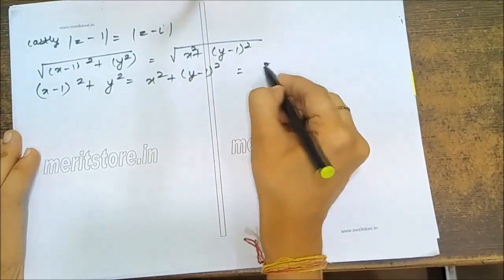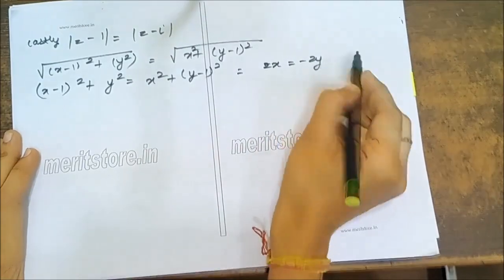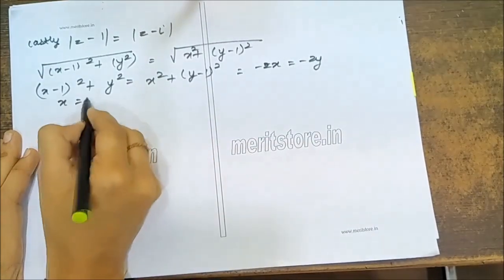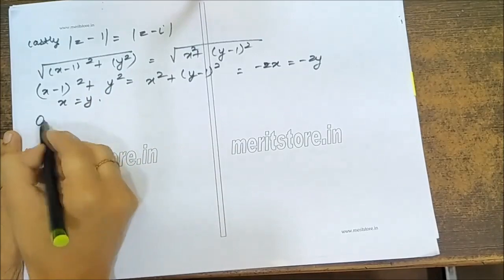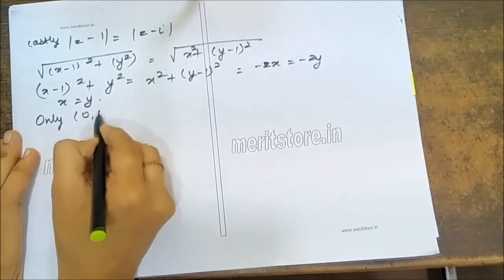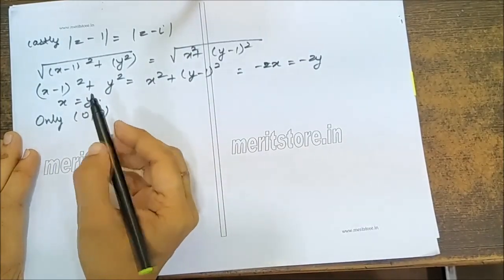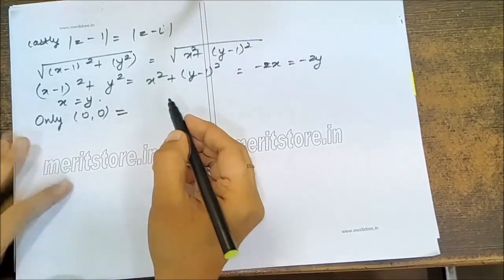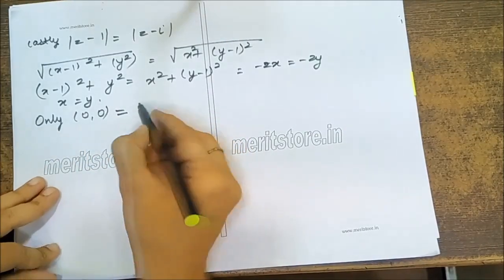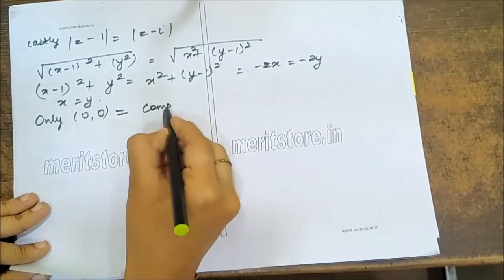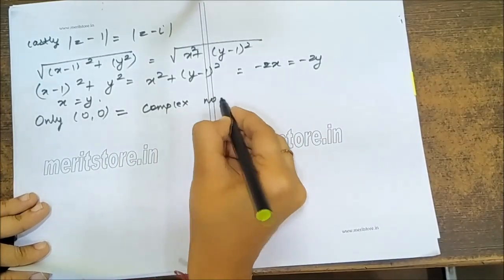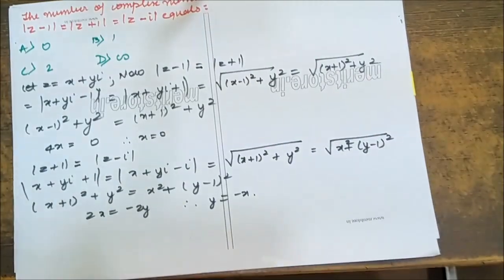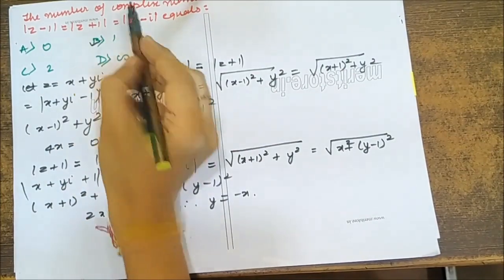Therefore 2x is equal to 2y, x is equal to y. So only one coordinate, that is 0, 0, will satisfy our equation. So our answer for complex number z, z will be equal to 0, and the answer is B.